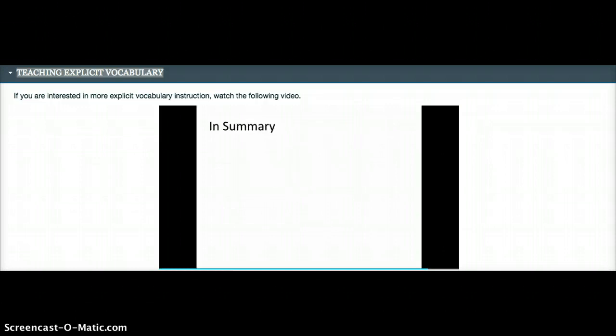So in summary, what are things that you could do to teach explicitly? One, it's critically important that you teach and use the specific vocabulary that's associated with your content area. This is built into your day-to-day teaching, but you explicitly build the vocabulary into your instruction.